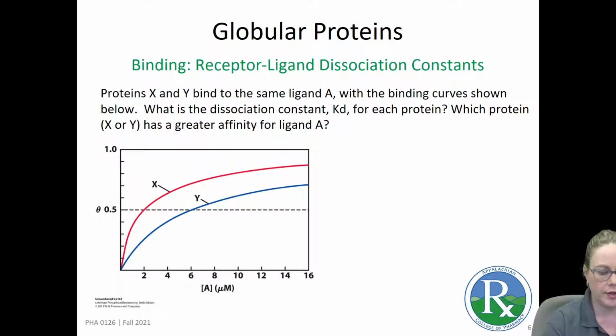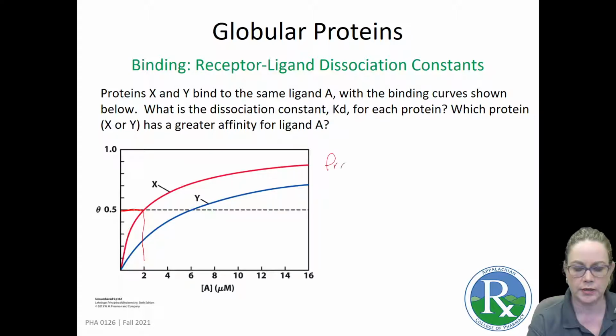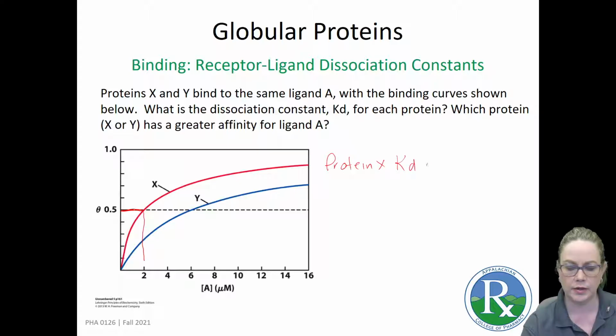So for X, we're going to come over at the 50%. We nicely have that dashed line there. Drop down to our x-axis. So our protein X has a KD of ligand A of approximately 2 micromolar.